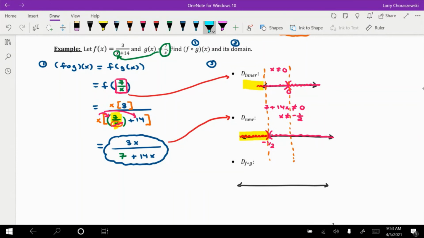Let's see about that. This is from -1/2 to 0, and this is from -1/2 to 0. And both those parts are shaded. So those were in common, actually. What about the stuff that's to the right of 0? Is that in common? Yep.